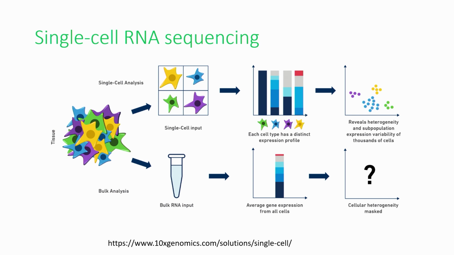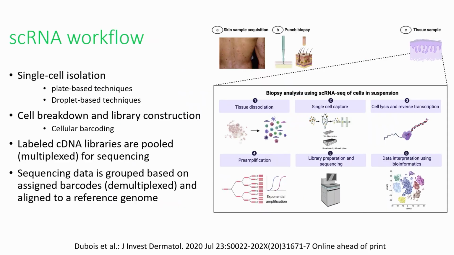There are pitfalls to it, and it's not a solution for everything, of course, but when you have a complex tissue, when you can isolate individual cells and analyze the transcriptome of each cell, that's of course a major advantage compared to isolating a biopsy, processing it, and getting one data point as opposed to maybe 10,000 data points in single-cell RNA sequencing.